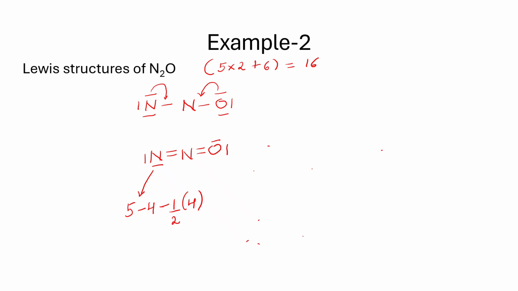So in this case, this is 5 minus 4 minus 2, which comes out to be -1. Alright, so this is the overall formal charge on the left nitrogen atom. Let's just erase this and write -1.